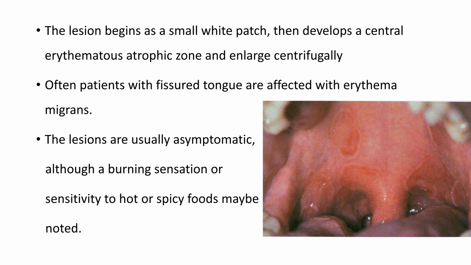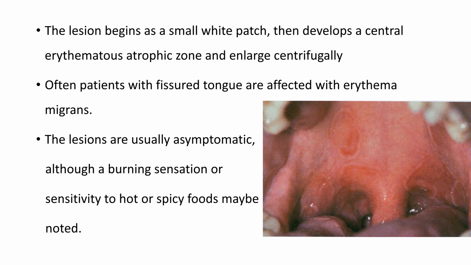Often patients with fissured tongue are affected with erythema migrans. The lesions of geographic tongue are usually asymptomatic. The patient doesn't show any symptoms, with no pain and no burning sensation. But sometimes there is a burning sensation or sensitivity to hot or spicy foods, which may be noted when the lesions are active.